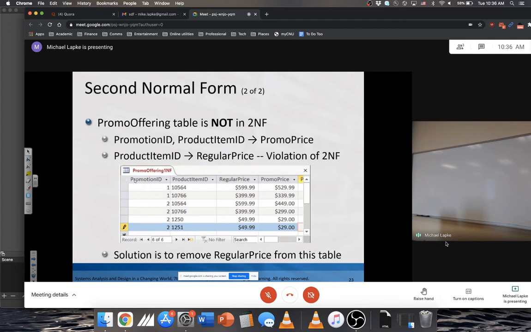The only value directly tied to the promotional offering ID is the promotional price. The regular price is not functionally dependent on the promotion ID. Does that make sense? What they're saying is this should be stored in another table, because you may or may not have a promotion at any given time. Therefore, why would you have the regular price for only the items that are having a promotion? That's not consistent.